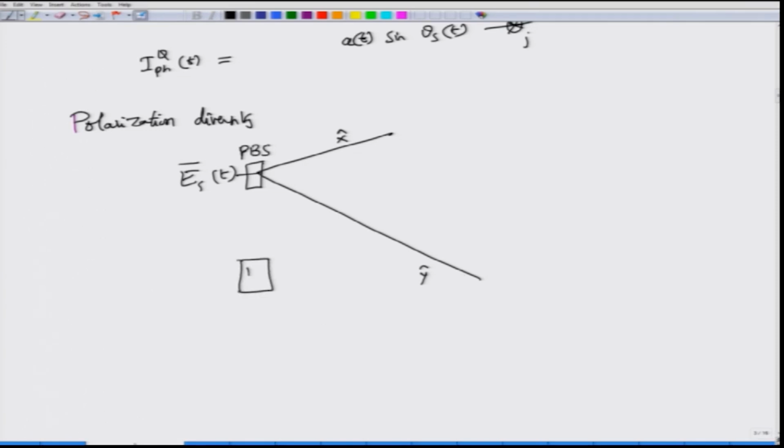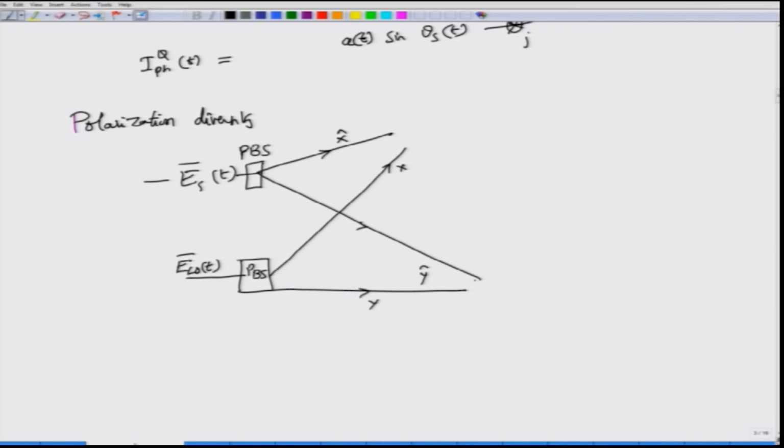I can also do the same splitting at the local oscillator as well. So, I will have E_LO of t, which is also polarized. I can use a polarization beam splitter to split the X and Y polarizations. So, this would be the X polarization, this would be the Y polarization.